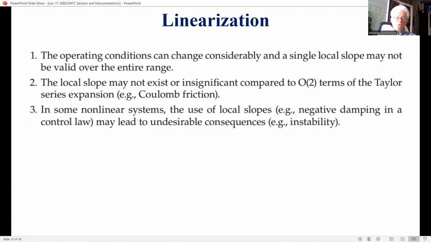Second, the local slope may not exist or may be insignificant compared to the output. And in some nonlinear systems, the use of local slope, like negative damping in a control law, may lead to undesirable consequences or instability.